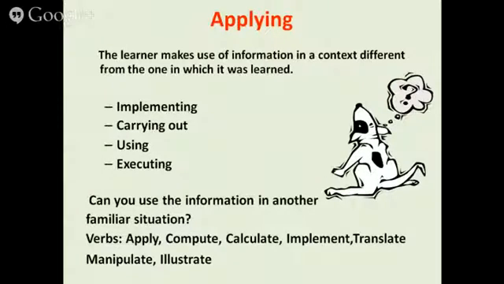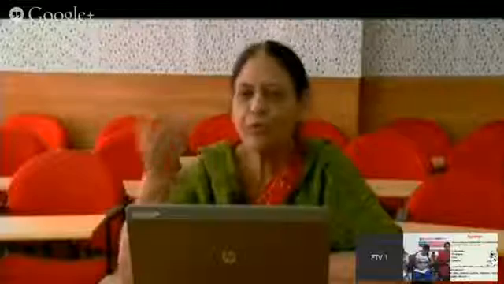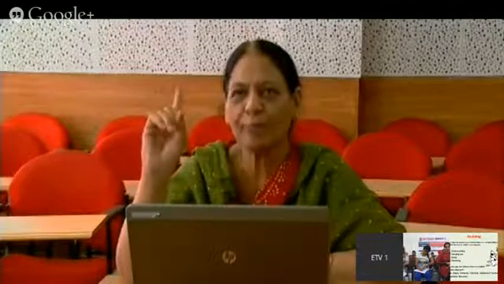Now, for example, here you find compute, calculate. One thing is a simple learning of a rule. If you change the data, the student is able to apply the rule. That is not application. That is simply understanding. For example, I let you know that the area of a room is length into breadth.